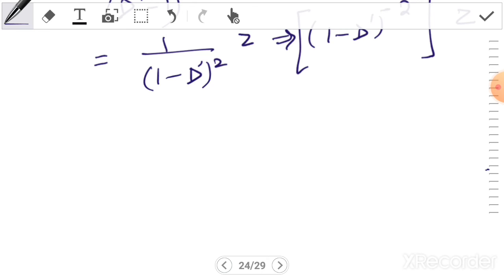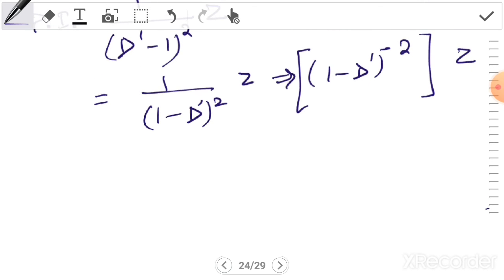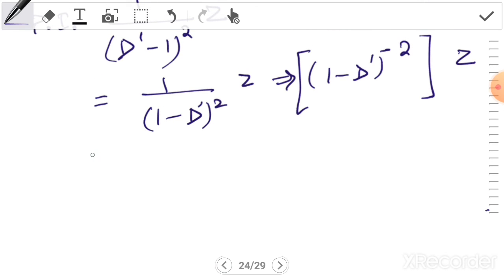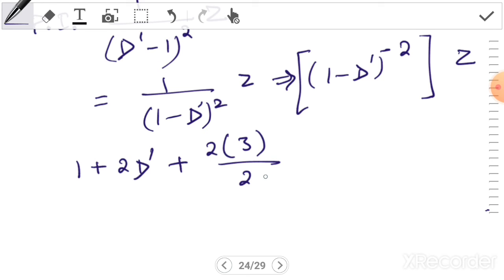So expanding using binomial expansion, we have 1 plus 2 d dash plus 2 times 2 plus 1, that is 3 by 2 factorial, d square, d dash square, and so on.